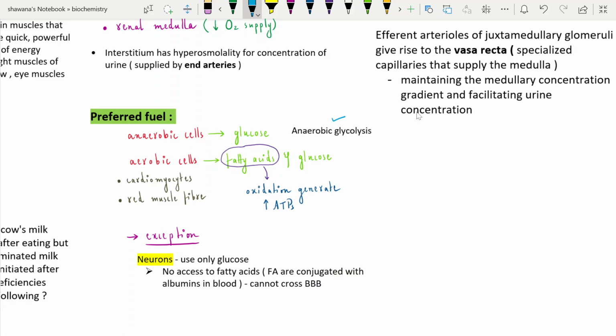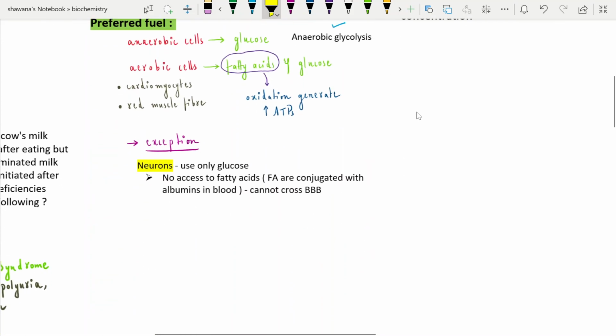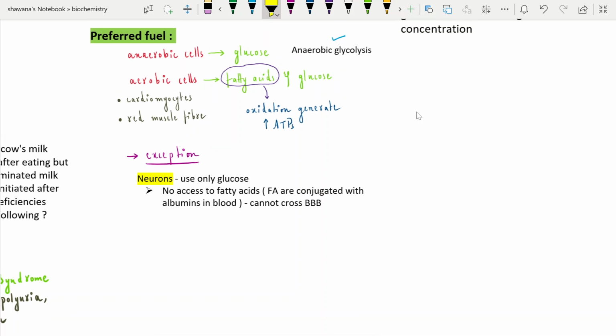It's of course fatty acids, because as I've mentioned above, fatty acid oxidation yields way higher numbers of ATP as compared to aerobic glycolysis. It only yields 7, but fatty acid oxidation yields 106 and 120. These are way higher numbers of ATPs we are obtaining from fatty acids.